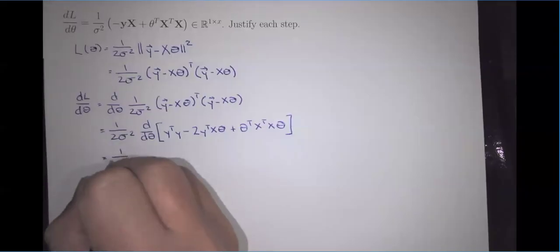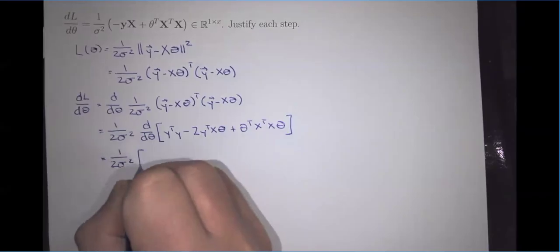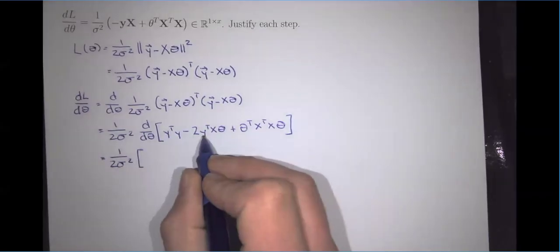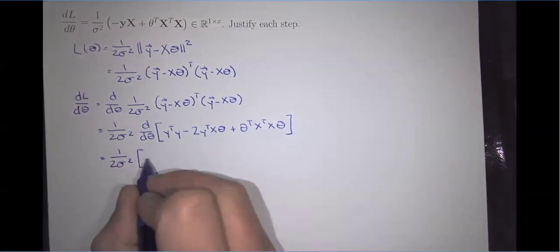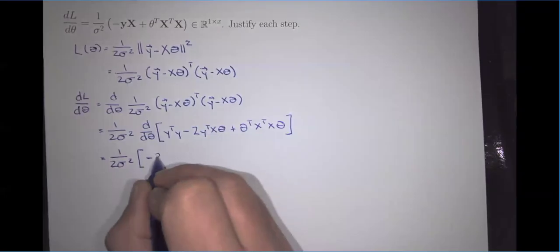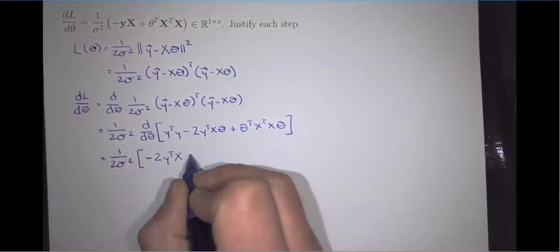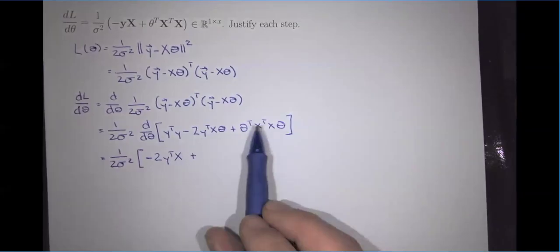we get 1 over 2σ² times the derivative. The derivative of yᵀy is 0. The derivative of 2yᵀxθ with respect to θ is going to be negative 2yᵀx, plus the derivative here.